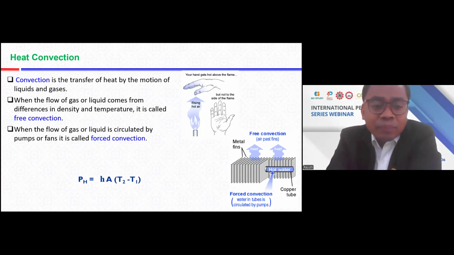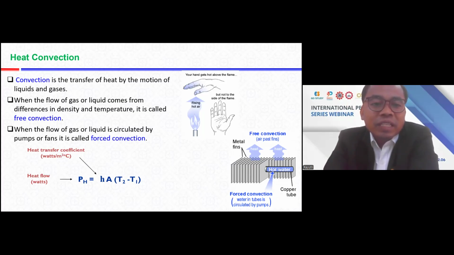I give you the formula for heat convection: Q is the heat flow. Different from conduction, we do not mention thermal conductivity but the heat transfer coefficient.